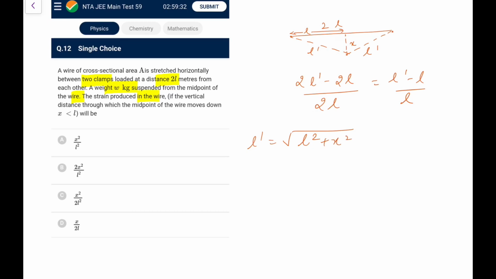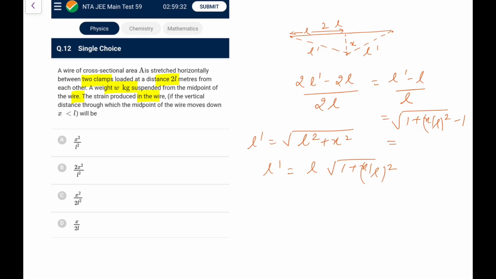If I do L dash minus L, let L dash be L under root of 1 plus x by L whole square, and because it is not very large, the L's get cancelled. We get root of 1 plus x by L whole square, minus 1.